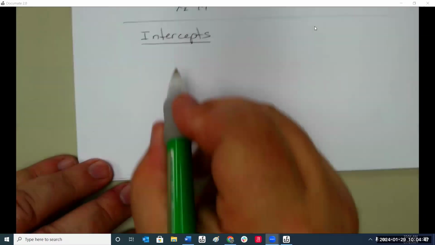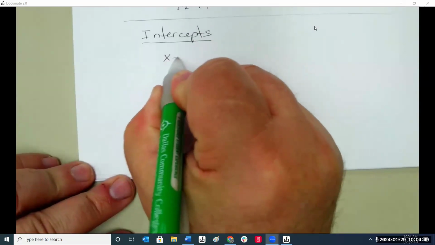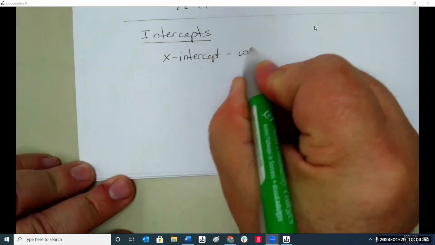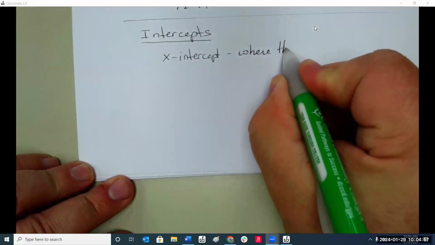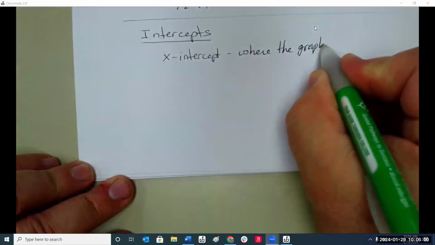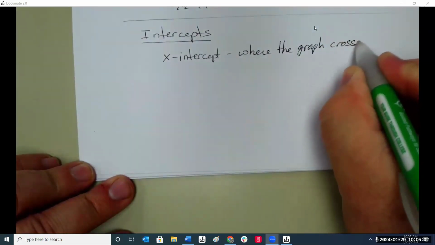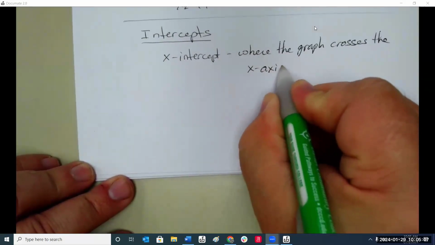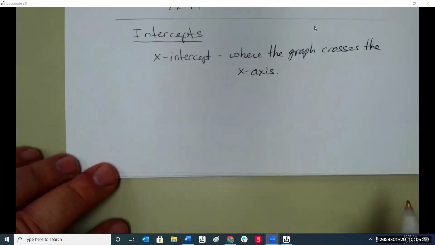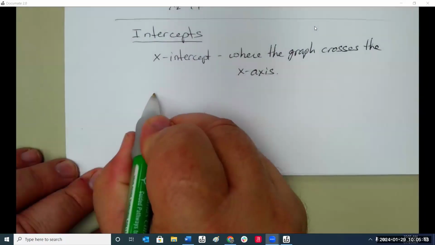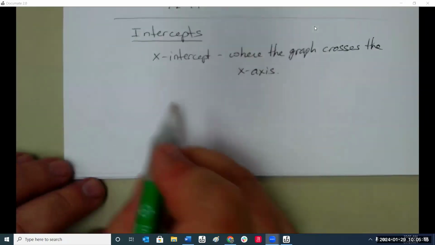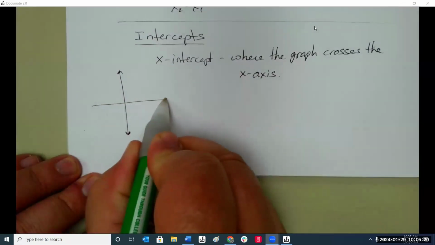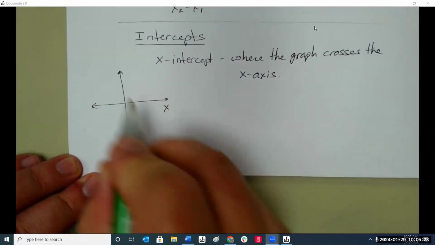We have two types. We have the X intercept, where the graph crosses the X axis. So that's the X axis.